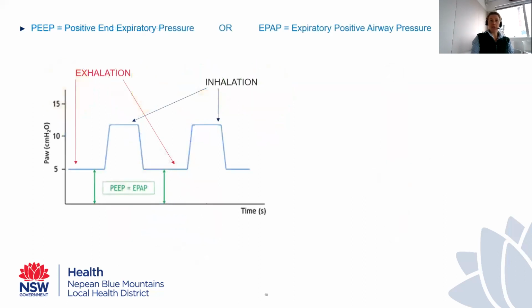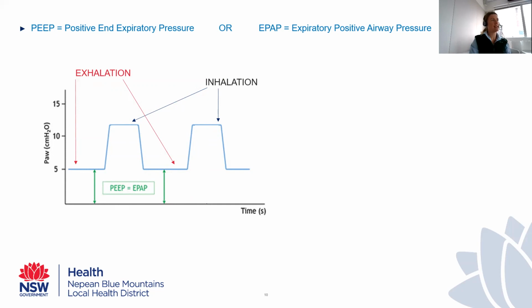So that is oxygen. All right, let's get into these pressures in a little bit more detail. PEEP, or positive end expiratory pressure, is the same as EPAP. Often the term we use is location dependent.